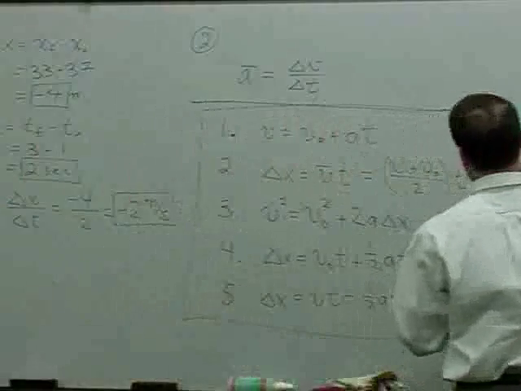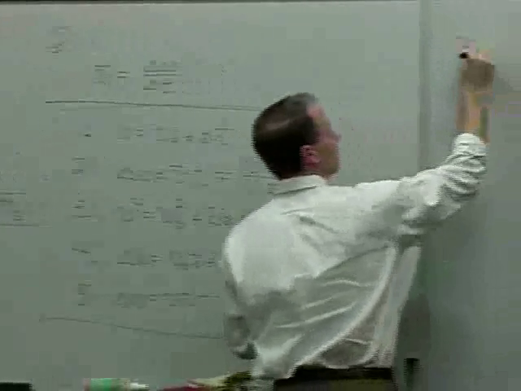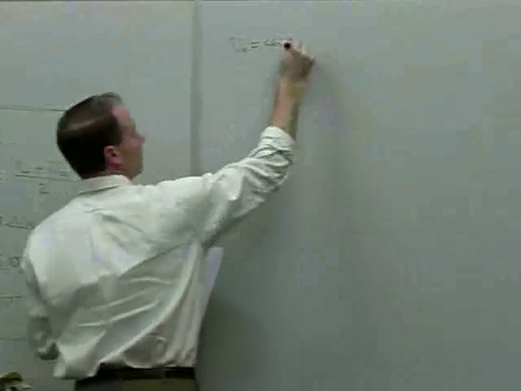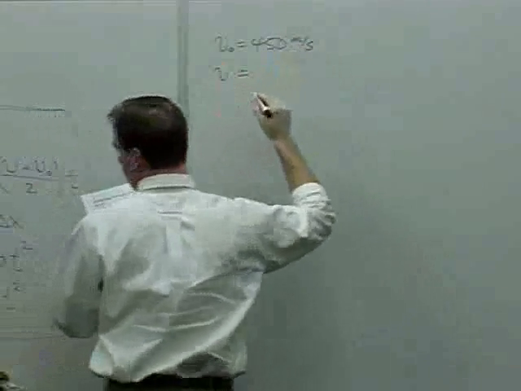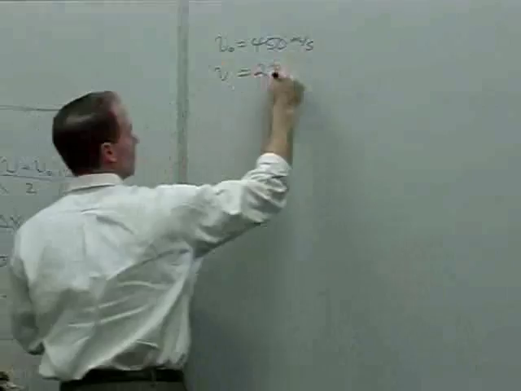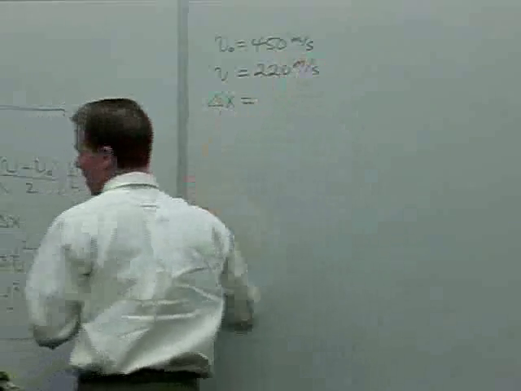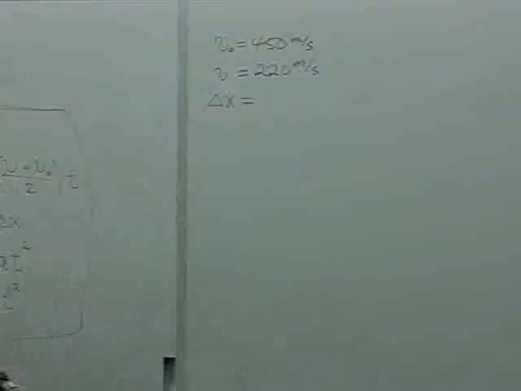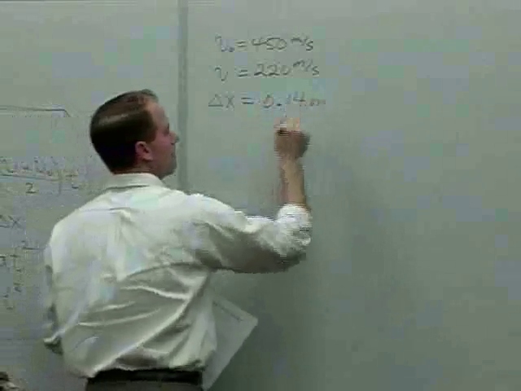All right, so we've got initial velocity, 450 meters per second. Final velocity, 220 meters per second. We're also given displacement, because we're going to figure this out over the thickness of the board, which was 14 centimeters thick. Let's put that in meters, 0.14 meters.